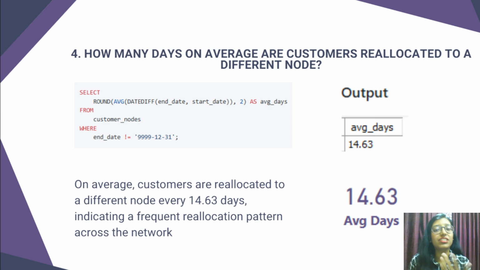And why are we reallocating to different nodes? Because we need to make sure of data security in today's world. It is essential to keep data secure from hackers, because many fraud activities are going on.